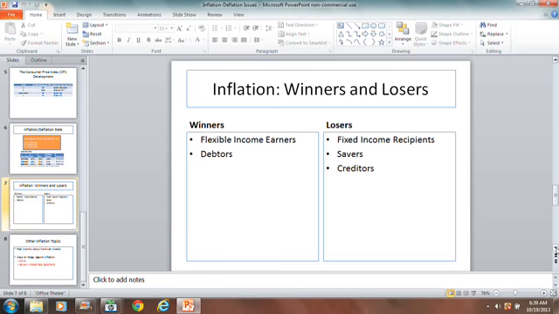Debtors can also win when it comes to inflation, because when you have debt obligations, your payment responsibilities are typically fixed. And so if you're paying a consistent amount back and prices rise, then the money you're paying back has less purchasing power. So in fact, you're having to give up less income.